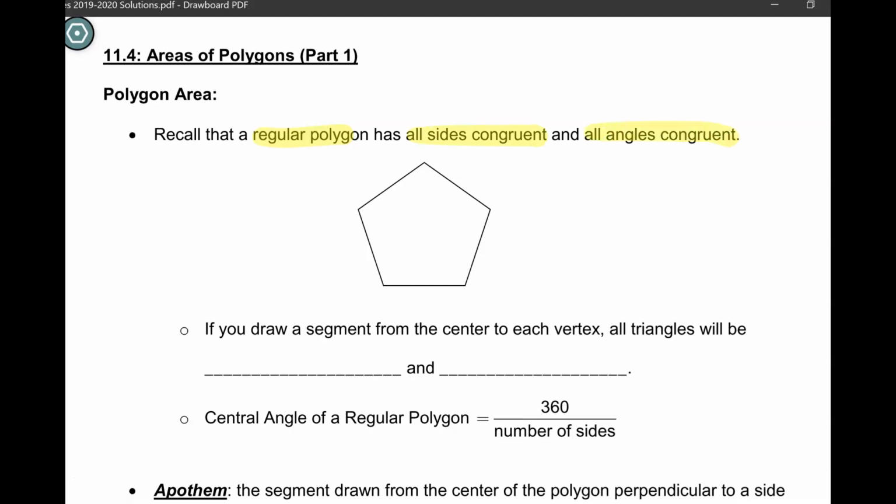Okay, so here's a regular pentagon that we see. What we're going to do is look at what happens if you take the center and draw segments from the center to each vertex.